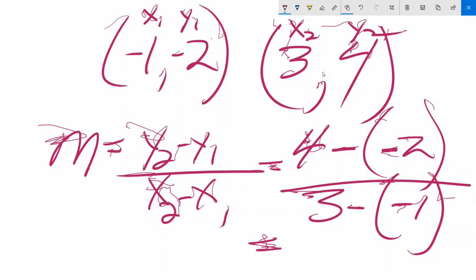Well, wouldn't it be 2? No, I mean 6? This is why you have to know arithmetic, Jackson. You have to be able to add and subtract positive and negative numbers. There's no way to do math without knowing how to do that. So what is 4 minus a minus 2?